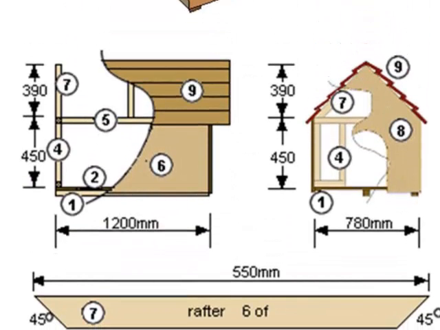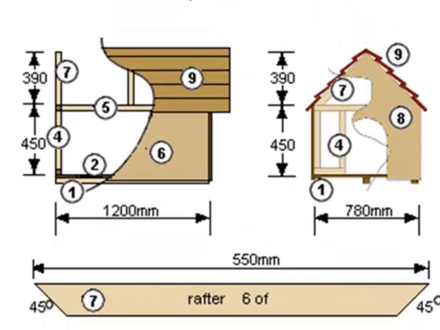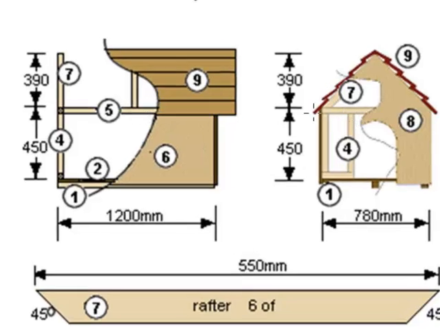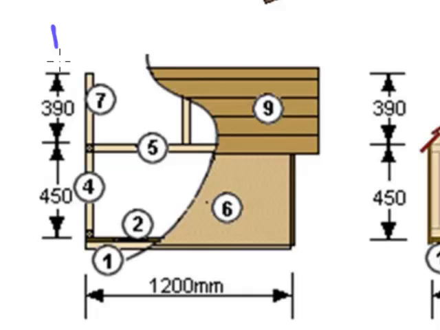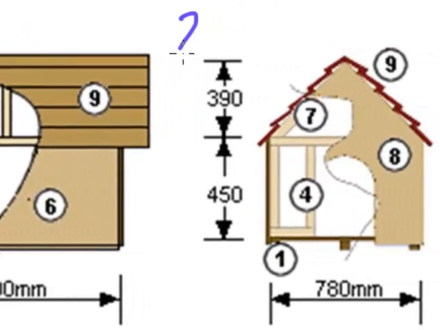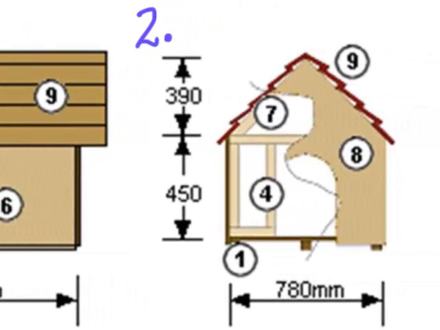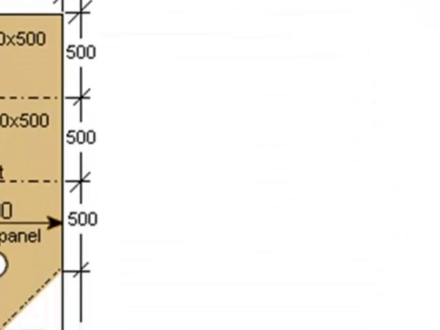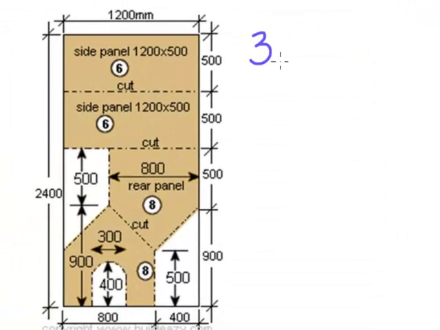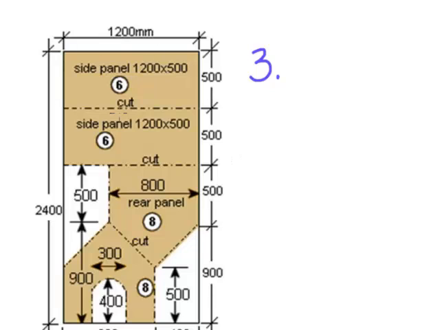Okay, so the first question is, I want you to identify which elevations are given in these 2 diagrams. Okay, so which one is given here and which one is given here. And then also want to know, what does this plan represent? Okay, so what does this plan actually give us?